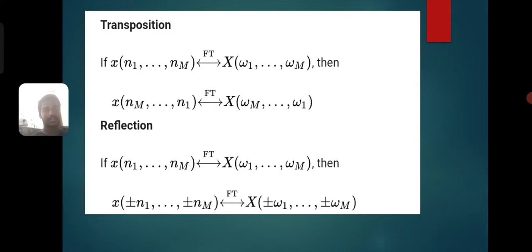Transposition: if x of n1 to nm has the FT X of w1 so on to wm, then x of nm to n1 has the FT X of wm to w1.